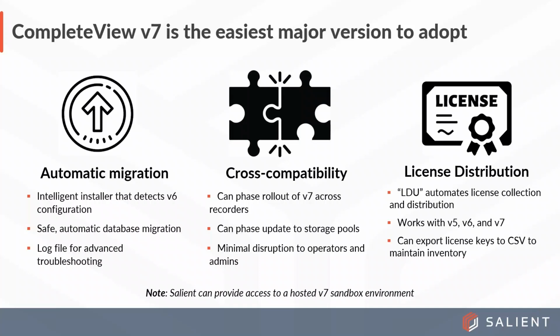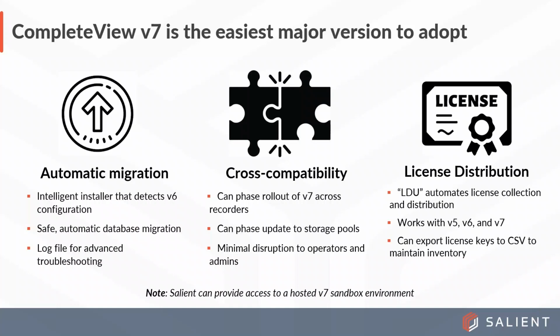So to that end, a version 7 management server and a version 7 desktop client are fully compatible with version 6 recorders, version 6.12 or newer recorders. So what that means is on a recorder by recorder basis or on a site by site basis, there's tremendous freedom in rolling out the upgrade and not feeling forced to just upgrade the whole system all at once in some frenzy. And so very minimal disruption.